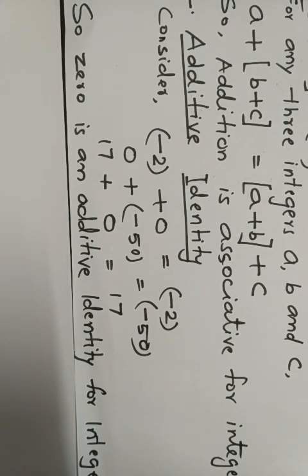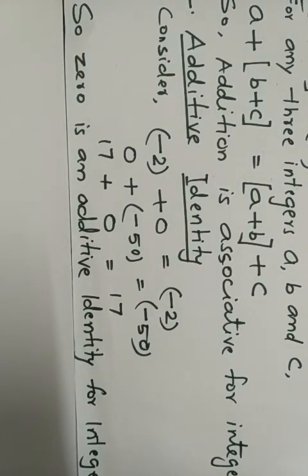The second property is commutative property. What is commutative property? When we add two integers, we can add them in any order. That is, a plus b is equal to b plus a. So we say integers are commutative for addition, or addition is commutative for integers.